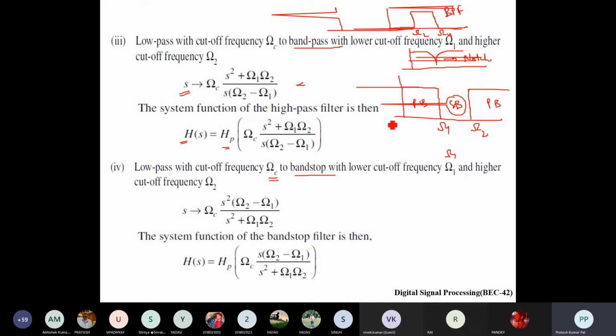Here omega 1 and omega 2 are the different frequencies, and with respect to them, in the low pass filter we will replace s with this term to get the band stop filter.